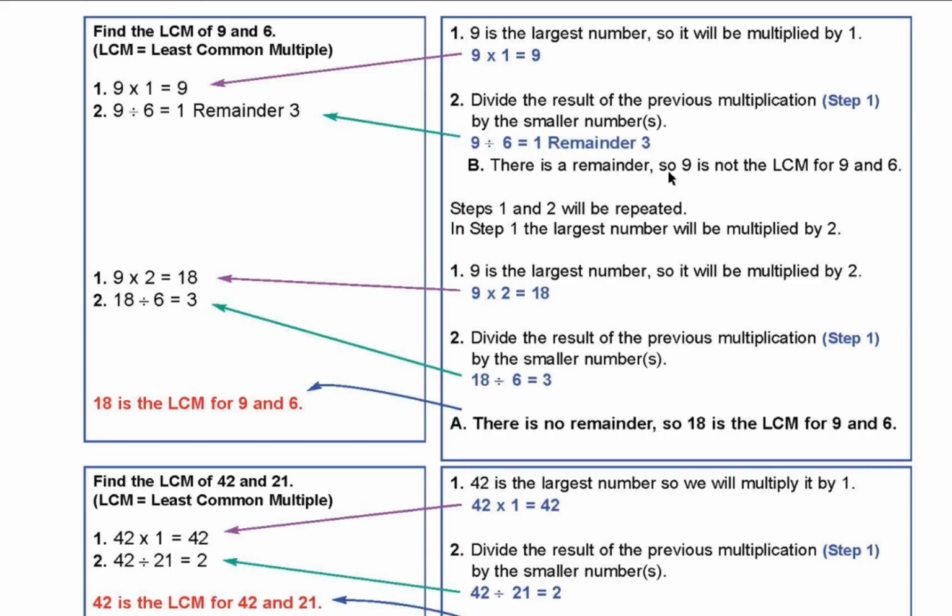So since 9 divided by 6 gave us a remainder of 3, that means 9 is not the least common multiple.